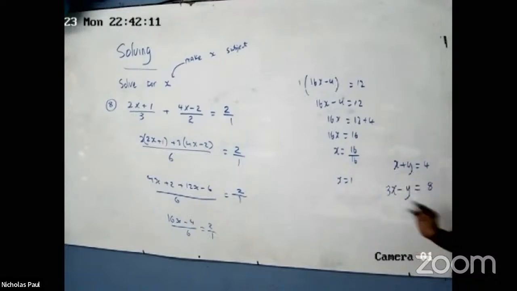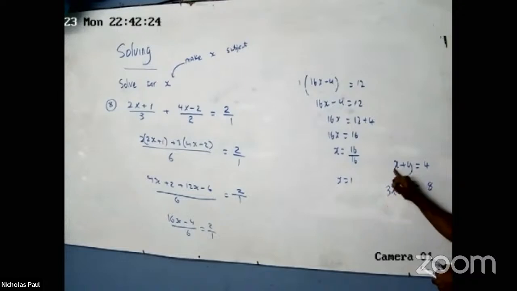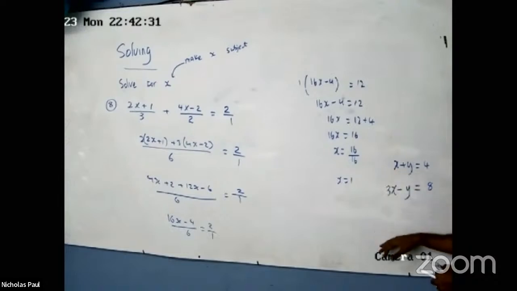One of the easiest things to do that will work all the time: see the number in front of x, multiply this whole equation by that value. And whatever is in front here, multiply this whole equation by that value. And then subtract. I'll give you the steps and rules just now, but all you're doing is this, and that will work all the time.